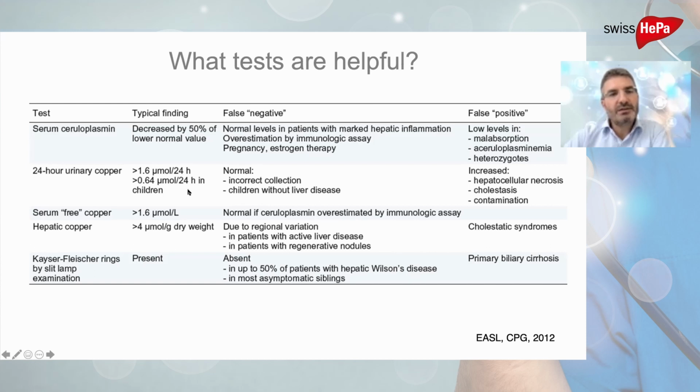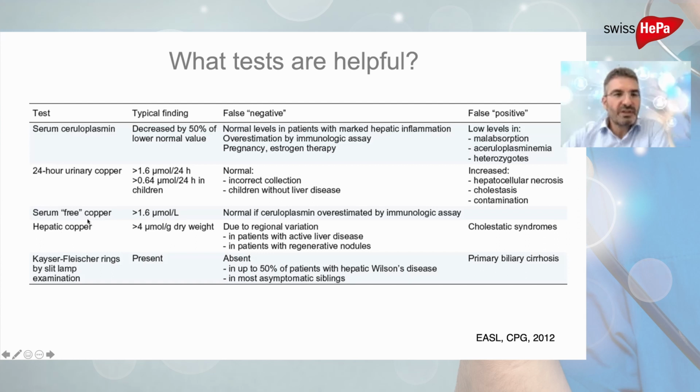And if the amount of copper in the urine of 24 hours is excessive, then this is compatible with the presence of Wilson disease. The measurement of serum-free copper is a possibility, but we don't do it in our routine.